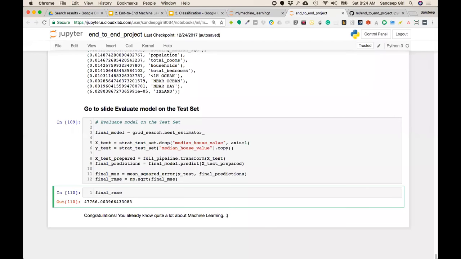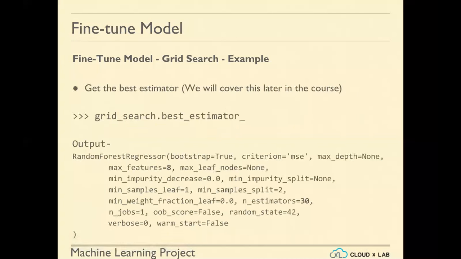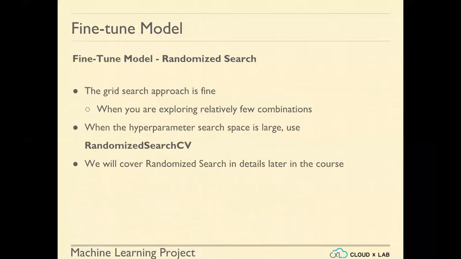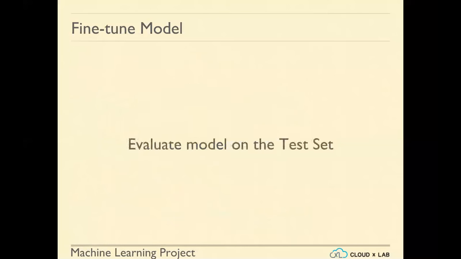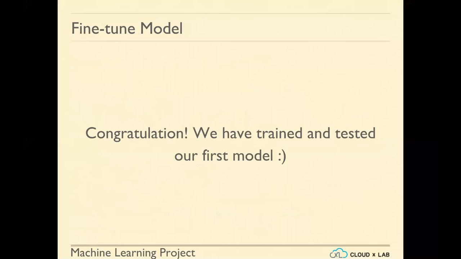So this was from the grid search. So it's not bad. It's actually better on the final test data. So we did not overfit, and we did a good job of finding the best value. All right. So congratulations, we have trained and tested our first model.